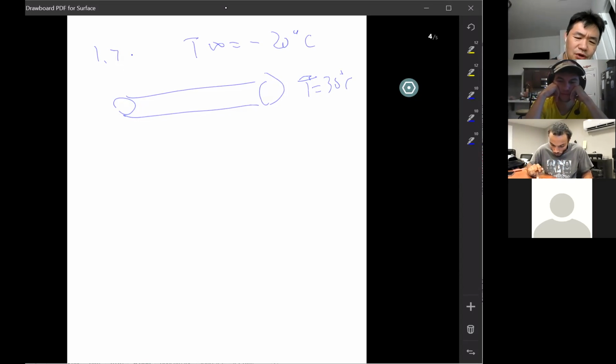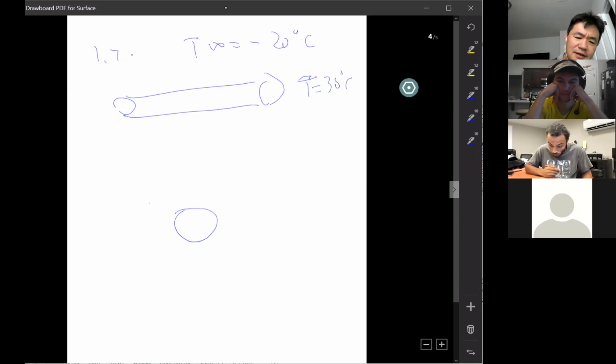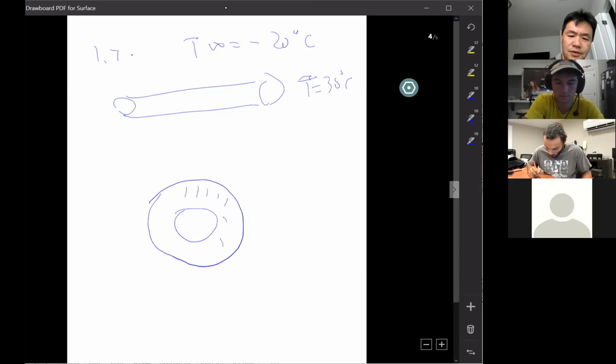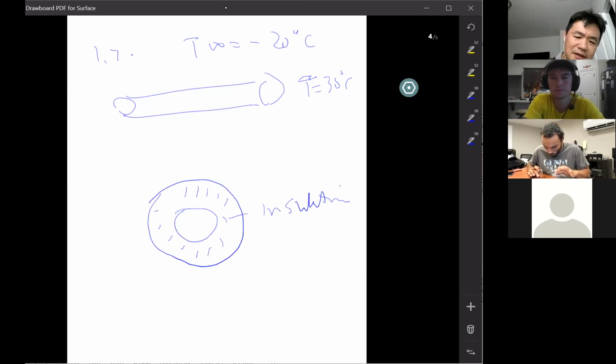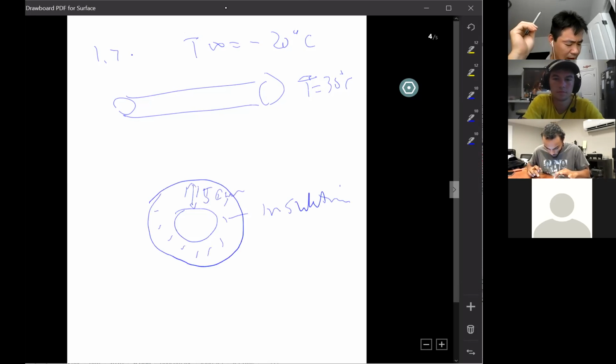If you draw it, let's exaggerate it for the pipe. This is the pipe, and this is the insulation portion. The powder insulation, 5 centimeter thick, surrounds the pipe.